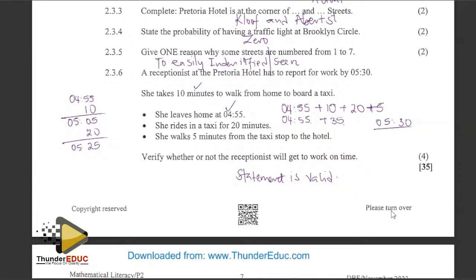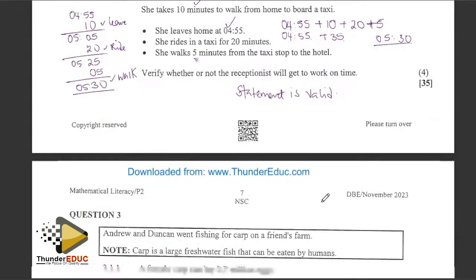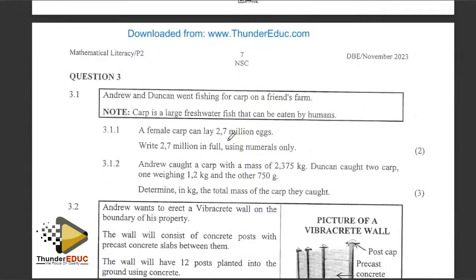You add on the 5 minutes walk from the taxi stop to the office. Indeed, it becomes 5:30. All right? Leave the house, you ride, you walk to the office. Okay, that comes to the end of question number 2.